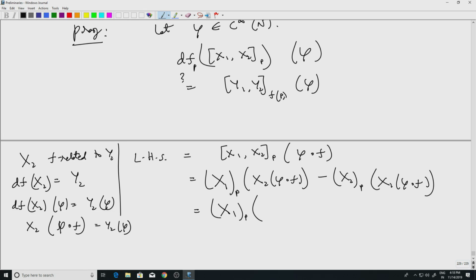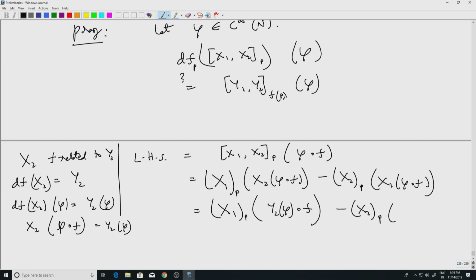So in short, x2 of phi composed with f is just y2 of phi. Everything has to be considered at the appropriate points. So for instance, if x2 is at p, then y2 would be at f of p. So here this would be y2 phi composed with f. y2 phi is a function and I'm evaluating it at f of something. And this is minus x2 of p.